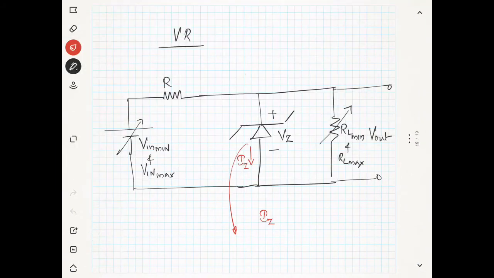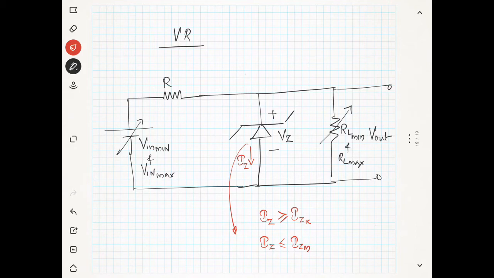Operating region means the current should satisfy the condition that it should be greater than the minimum value. What is the minimum value for turning it on? It is IZK. So the current should be greater than IZK, and also the current should be less than IZ maximum. If the current becomes less than IZK, what will happen? The Zener diode will turn off and it will not work as a good voltage regulator.